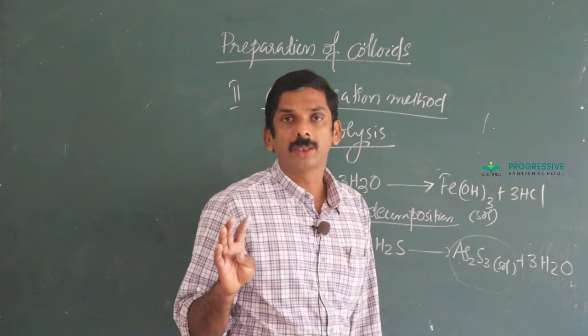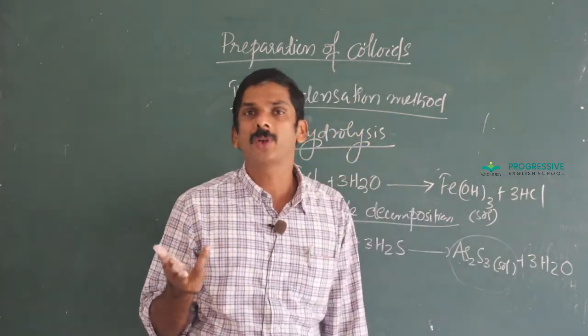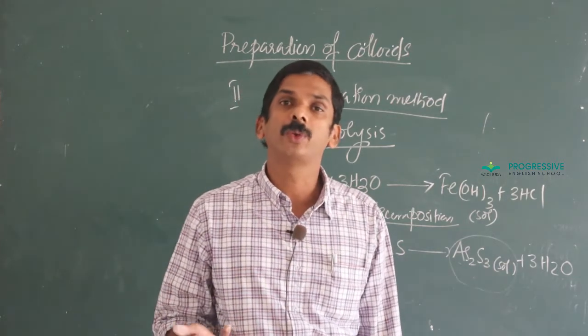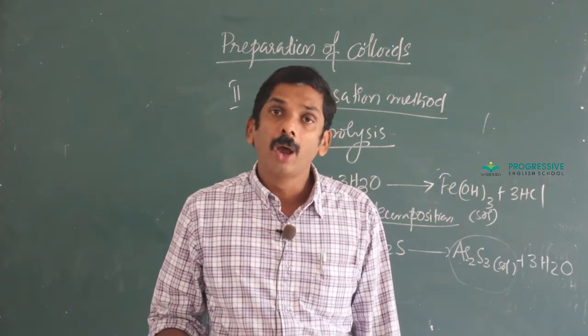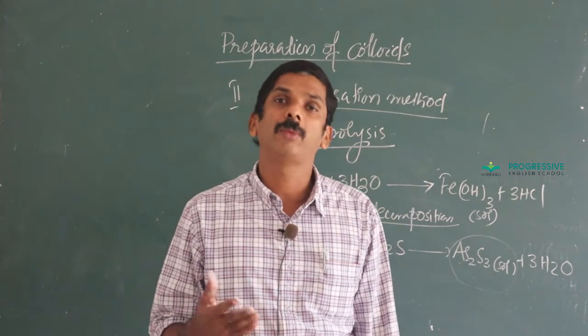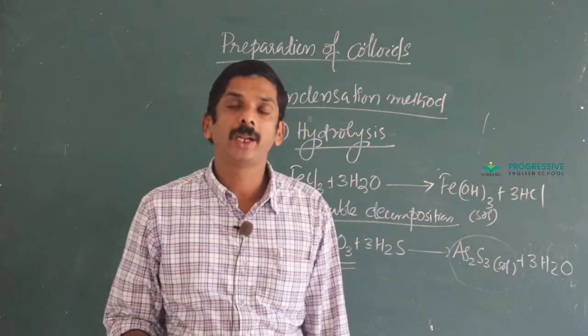Mainly there are four methods in condensation. One is oxidation, where sulfur sol is prepared by passing sulfur dioxide through an aqueous solution of hydrogen sulfide. Gold sol is prepared by the reduction of auric chloride using an aqueous solution of formaldehyde.